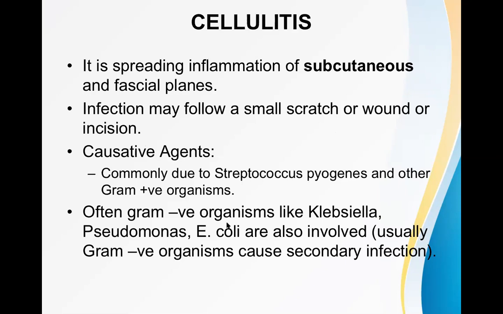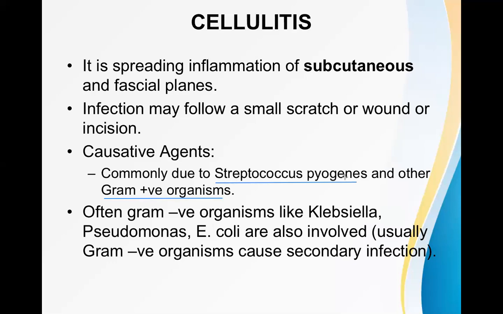Now, look at the causative agent here. There is no surprise regarding the causative agent. The similar type of bacteria, commonly Streptococcus pyogenes and even Staphylococcus aureus and other gram-positive organisms. But cellulitis is mainly caused by Streptococcus pyogenes, which is even more common than Staph aureus.